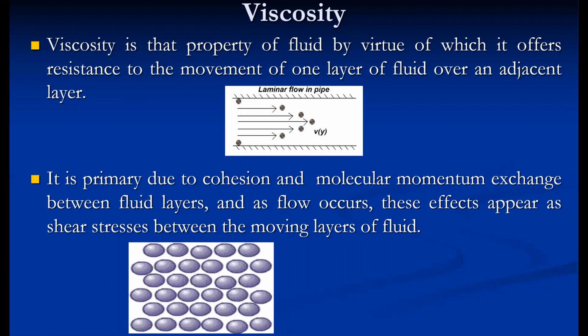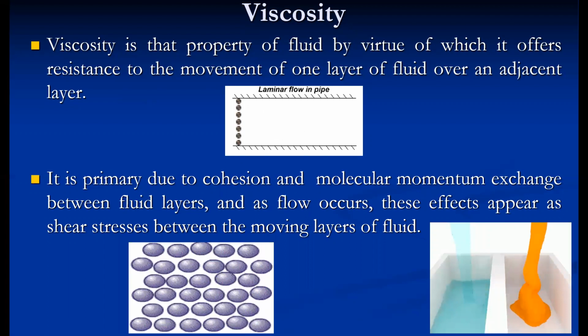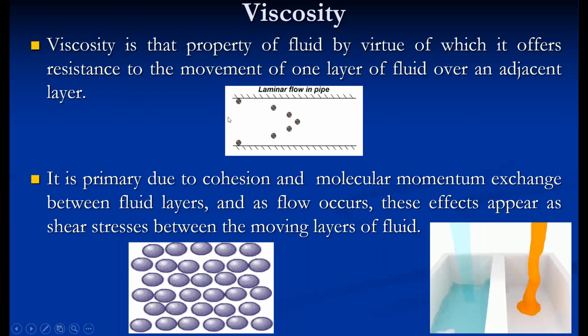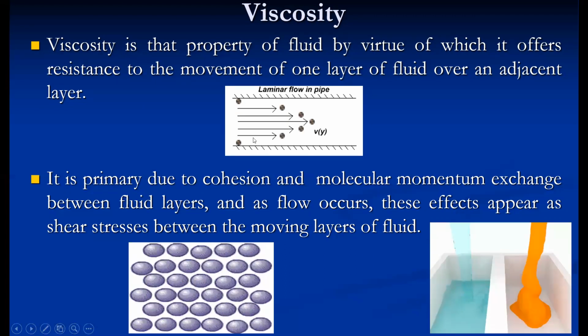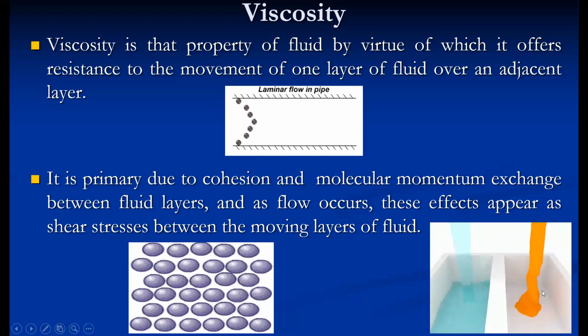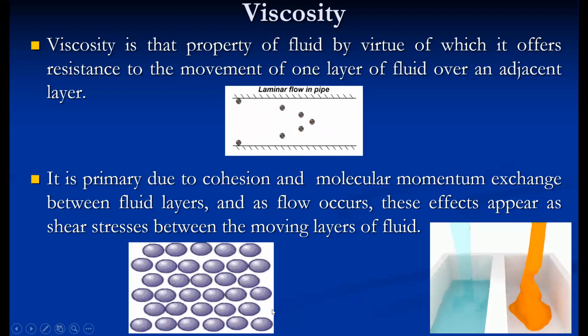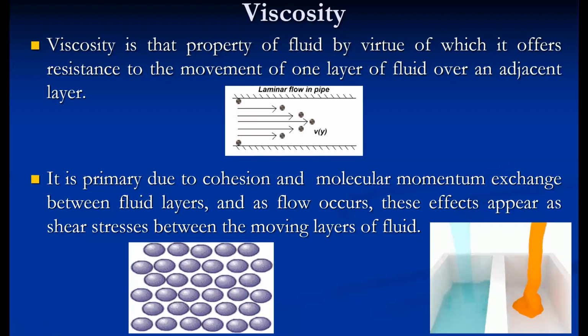As the flow occurs, these effects appear as shear stresses between the moving layers that we have seen here. Because of the shear stresses between the moving layers, it offers resistance as the flow occurs. But in a stationary fluid, the viscosity is because of its cohesion and its molecular momentum exchange.